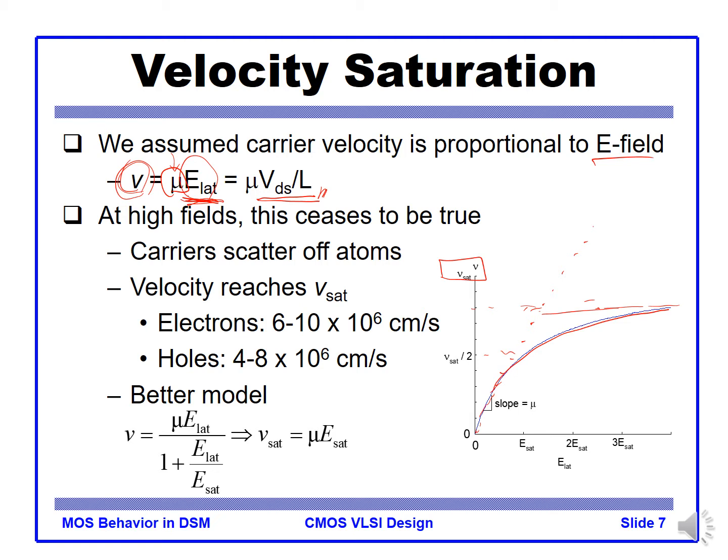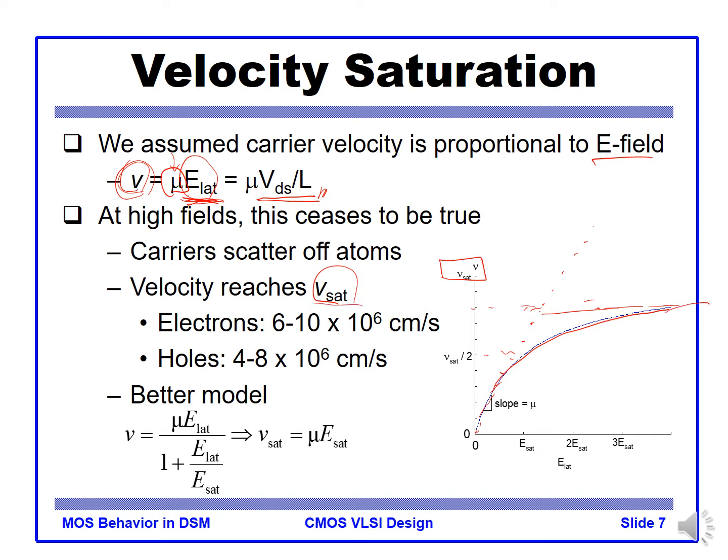This is because the carriers scatter off the atoms. The movement of the electron is hindered by the atomic structure. So velocity eventually reaches VSAT. It doesn't go above this.